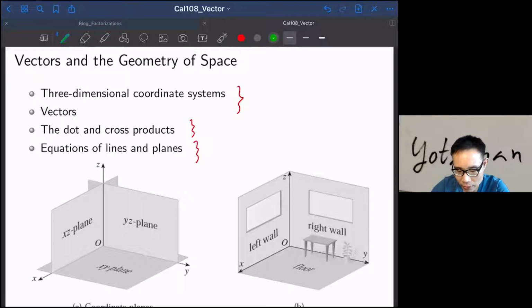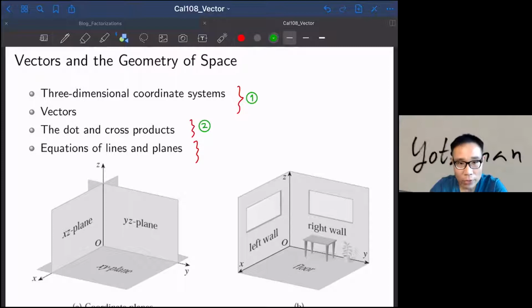We're going to cover the first one first, and the second one in the second clip. And the later clips are going to be about the equation of line and plane, that is going to be several lectures on this.